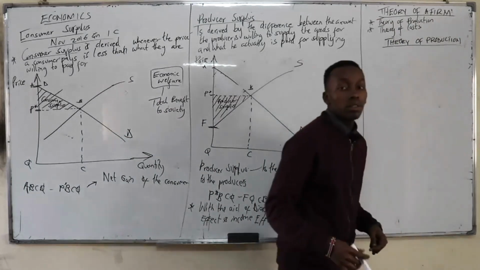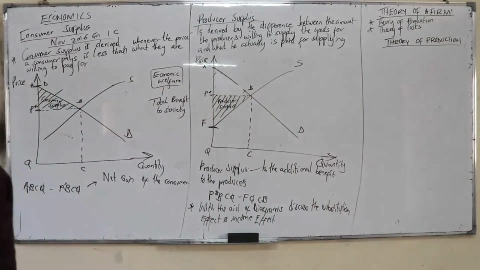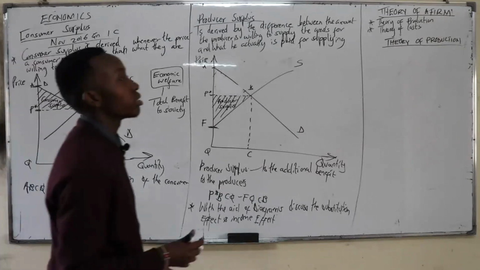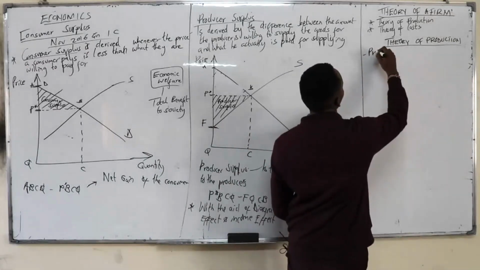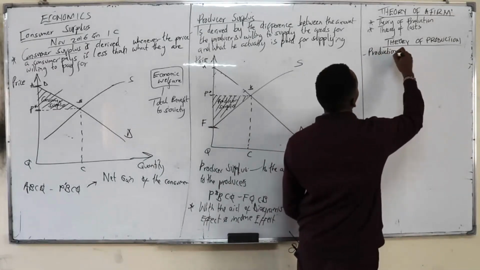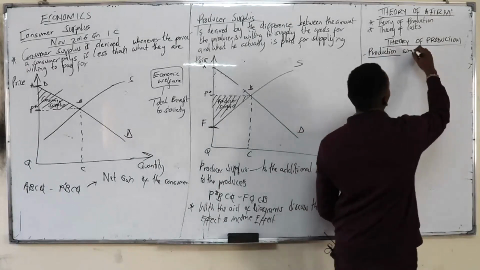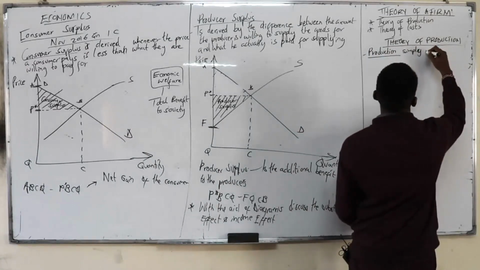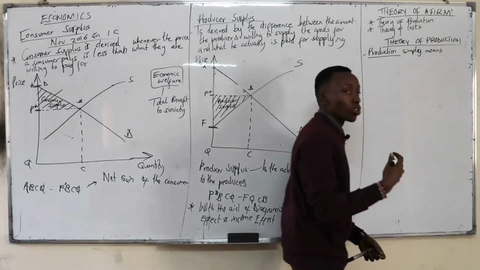So remember that when you're talking about microeconomics, you're dealing with the households and the individuals. Going by that, it is very important to understand what production means to economists and also individuals in the society. So production simply means addition or creation of utility.